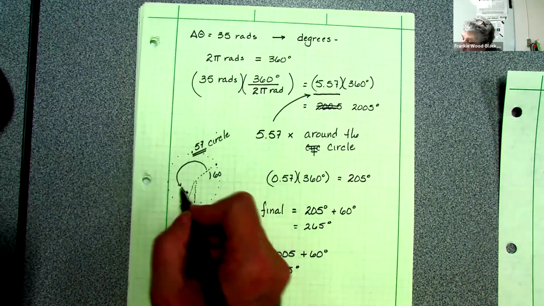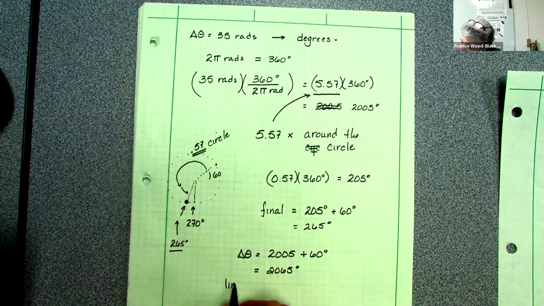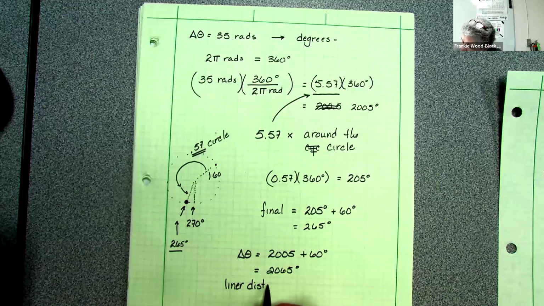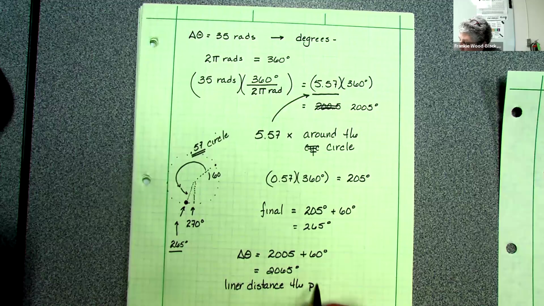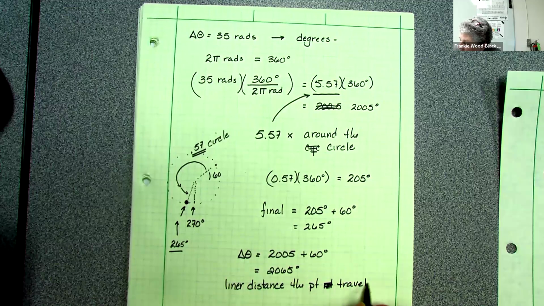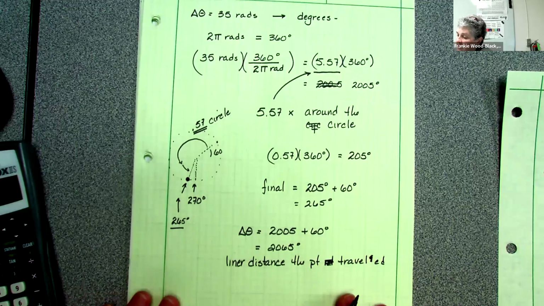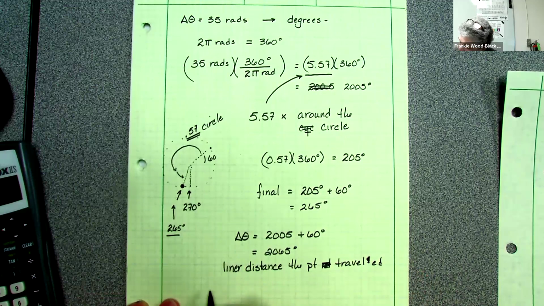And if I wanted to know the linear distance that that point traveled, that is going to be my linear distance, S, is equal to R theta.